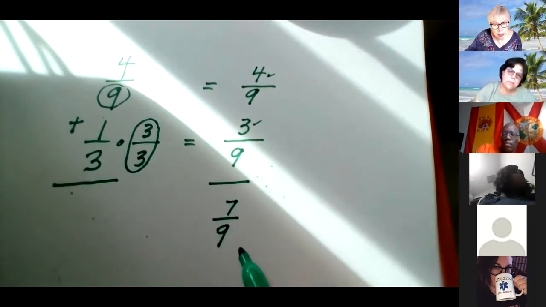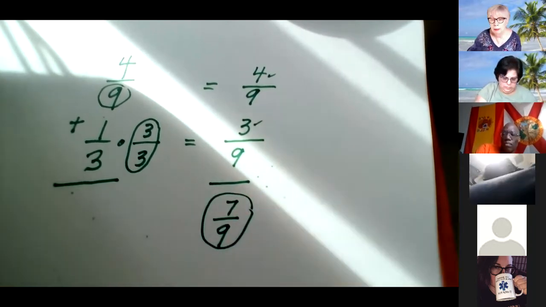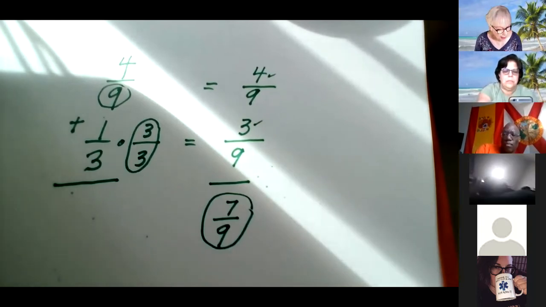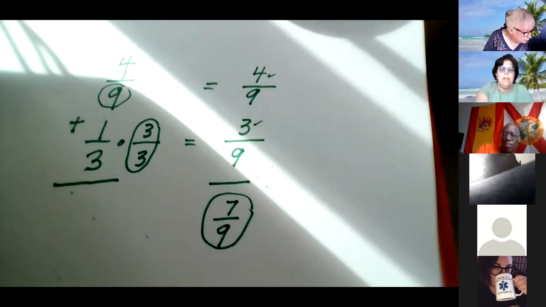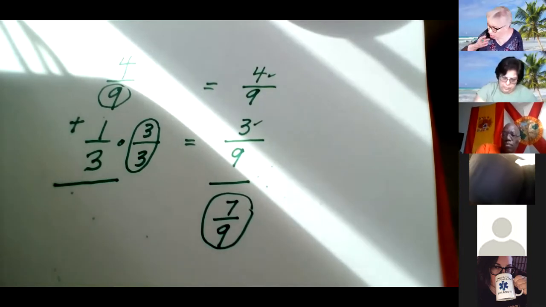I double check this to make sure it's reduced. And if it's reduced, I grab it. And I think circling is a good idea. And then that's it. So if the denominator works, let's see, it's our next level up.